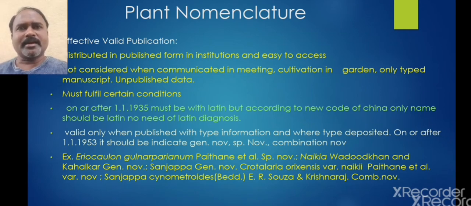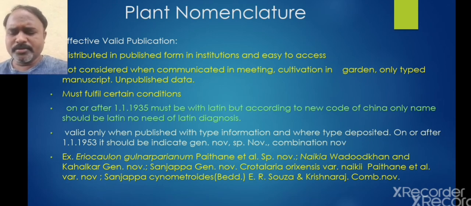So the credit goes to the second one, because the first author who gave the new species description in a public meeting, that is in the form of a conference or seminar or workshop, or if somebody distributed his unpublished manuscript in print form, then also it is treated as an invalid published taxon.